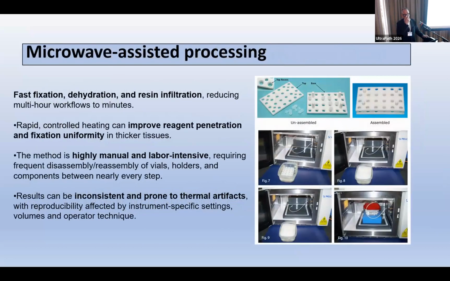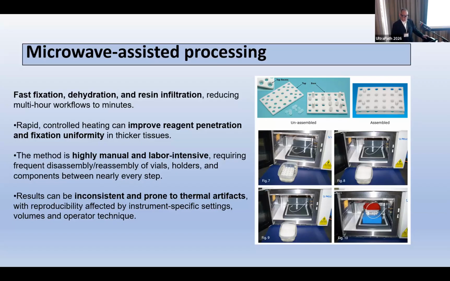Microwave assisted processing is very popular. Some labs love it. You can do fast fixation, dehydration, etc. The problem is between each step, it's manually intensive. So yes, it's very fast. However, it's not that automatable. It's highly manual, labor intensive, and they can be somewhat inconsistent and prone to thermal effects from the reports I've read.